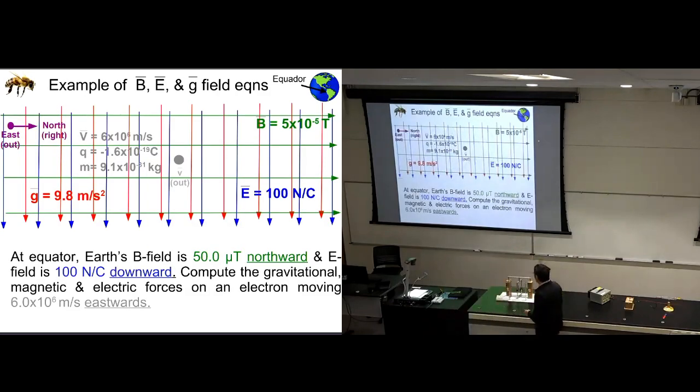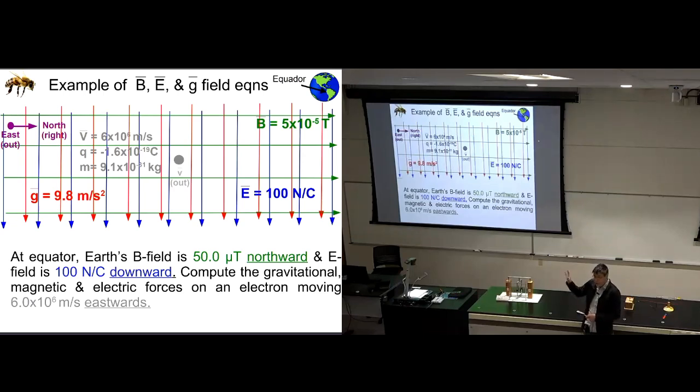Okay, so here's the example. And this example, as I say, involves thinking about the Earth as having mass, having charge, being a magnet, and therefore having a gravitational field that you met in 211, and electric and magnetic fields that you're meeting in 213. And we're told in this particular problem that at the equator, or near the equator, the Earth's magnetic field is about 50 microtesla.